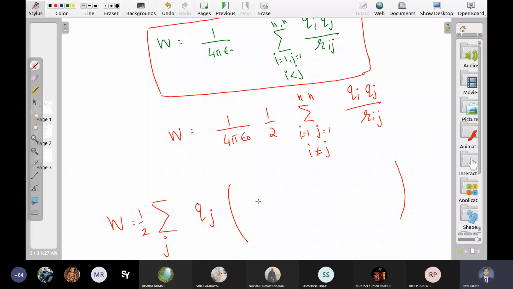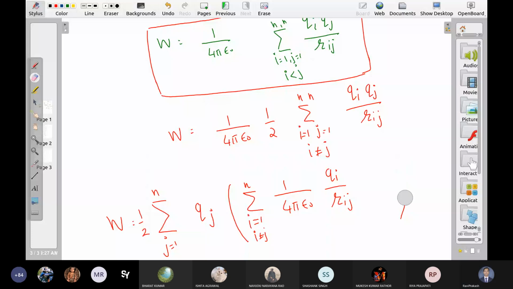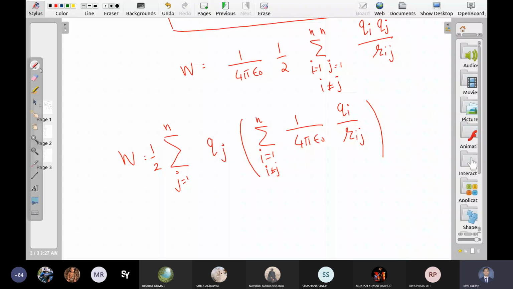What are the remaining things? Summation over i is equal to 1 to n. This is j is equal to 1 to n, but i is not equal to j. Okay, same thing. We just write in a different style. But what is the second bracket? Second bracket क्या है?